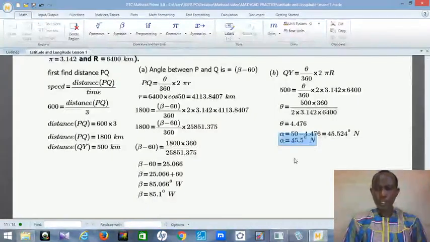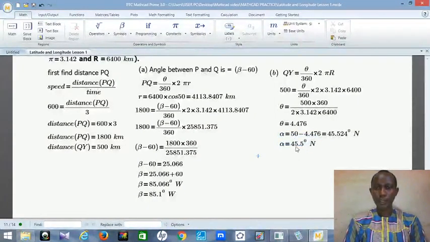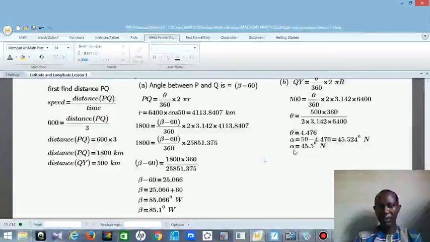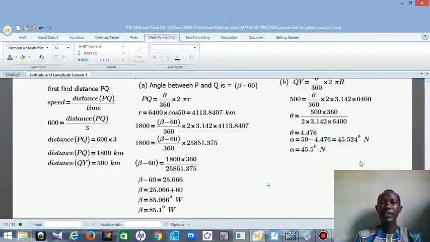So this is our final answer. Alpha is 45.5 degrees north, that is the latitude of point Y. Okay, so this is the final answer for this question.